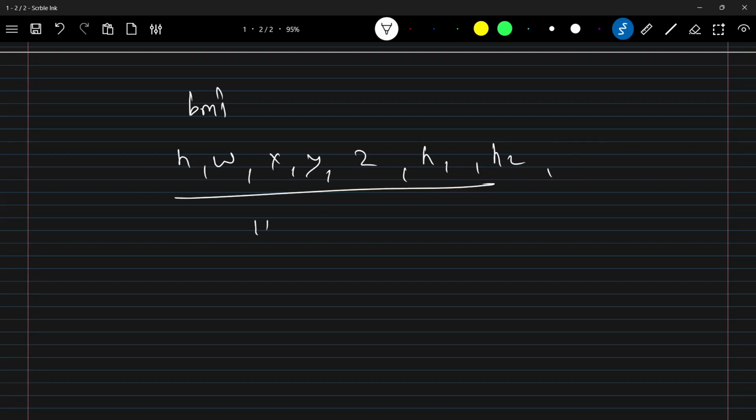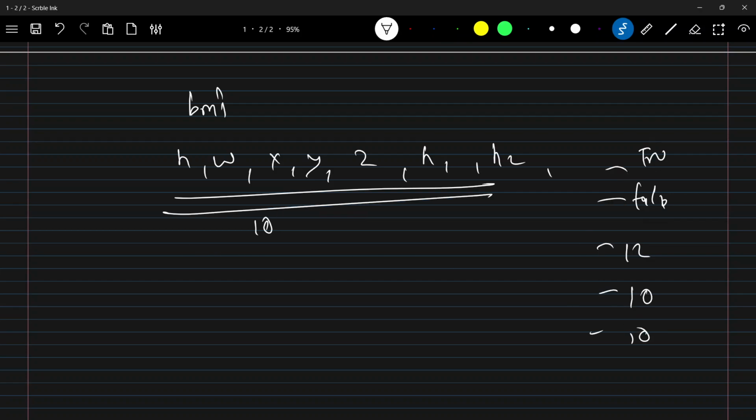Suppose it requires 10 different parameters and there is no formula that exists. So what will you do? You only know the output. You only know whether certain things are true or false, or certain things are 12, 10, any number. I'm talking about any output, and we have this many inputs.